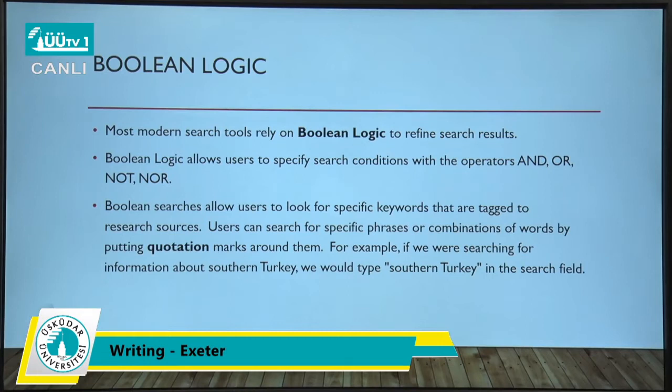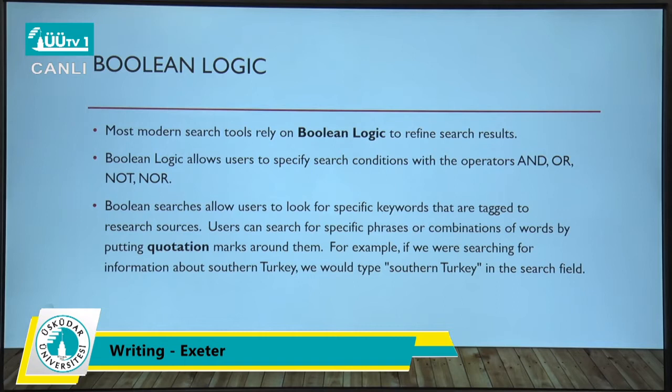We call them operators. So Boolean Logic allows users to specify search conditions with the operators. You can use and, or, not, nor in order to narrow down. We call them operators, and I will show you later.